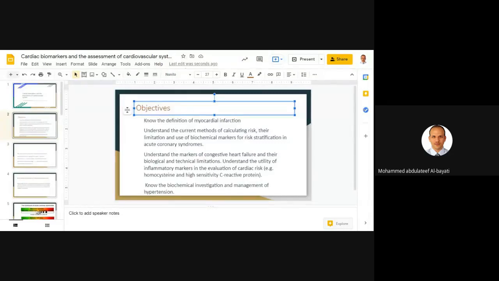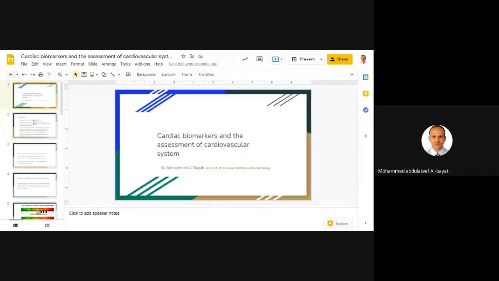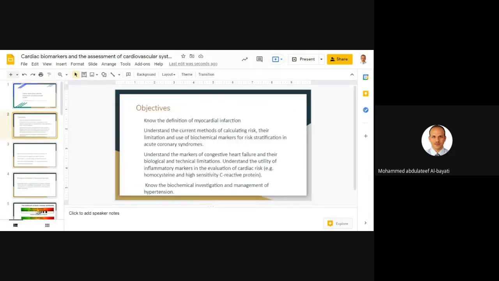Today's lecture will focus on the biochemical markers used for assessment of cardiac injury or function.